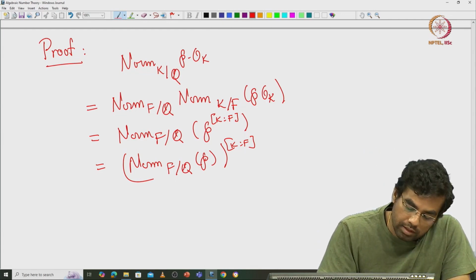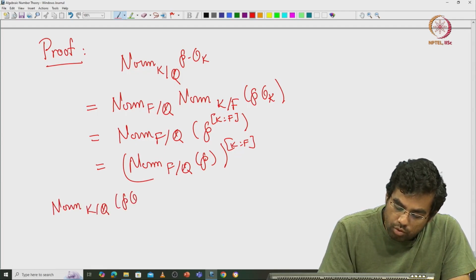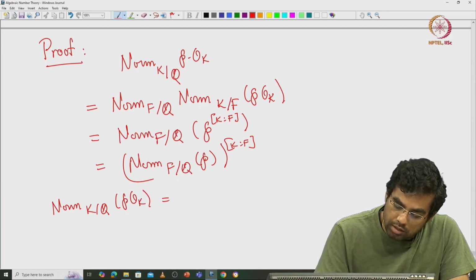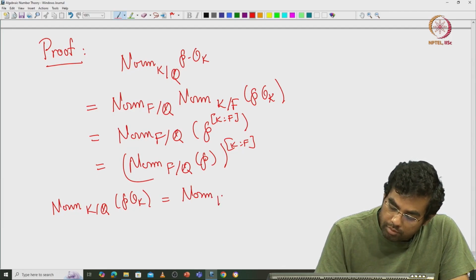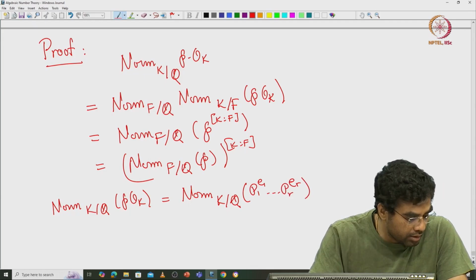On the other hand, we can compute the norm from K to Q of P O_K by looking at the product: the norm from K to Q of P1 to the e1 up to Pr to the er.